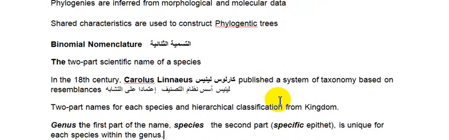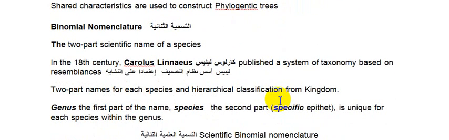The binomial nomenclature is how to write the scientific name. It is of two parts. Carolus Linnaeus did it in the 18th century, and he published a system of taxonomy based on resemblance and variation.